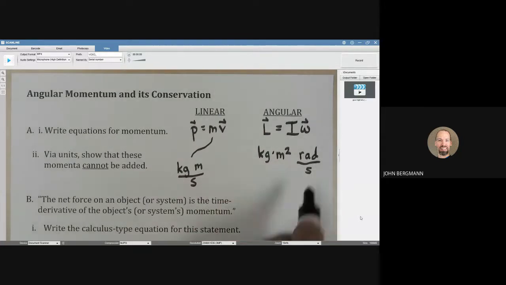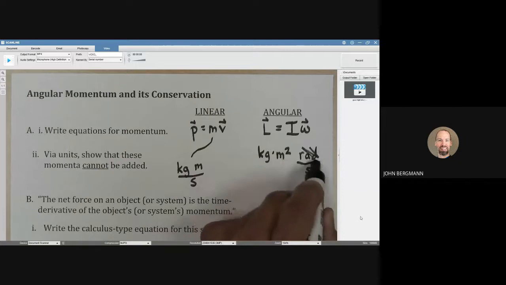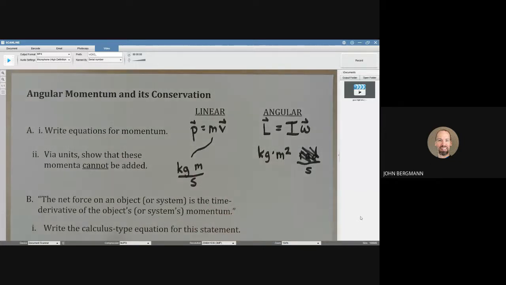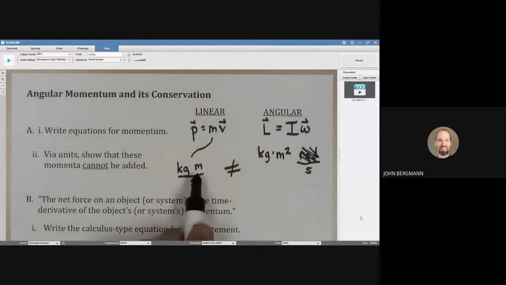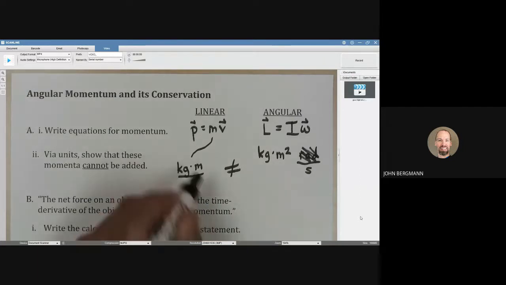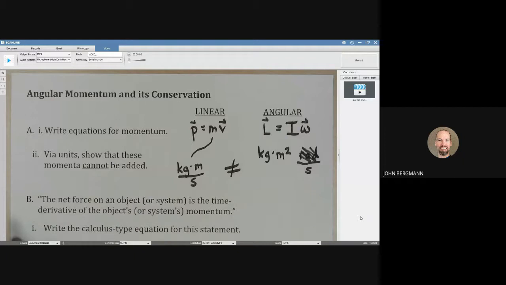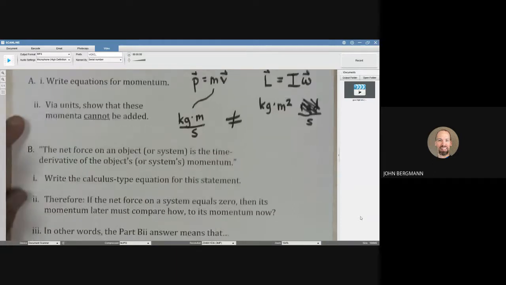Now, a radian is kind of a nothing unit, so that sort of doesn't really count. But look at that. Those two are not the same unit. Kilogram meters per second and kilogram meters squared per second are not the same. So we cannot add linear plus angular momentum like we can do with kinetic energy.